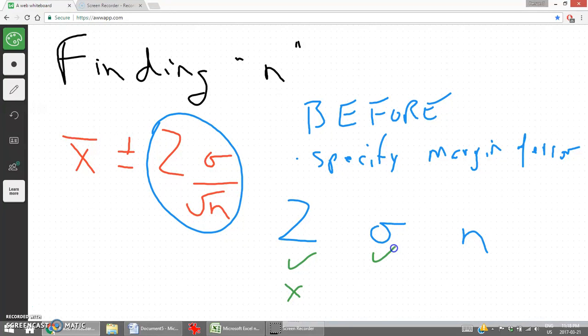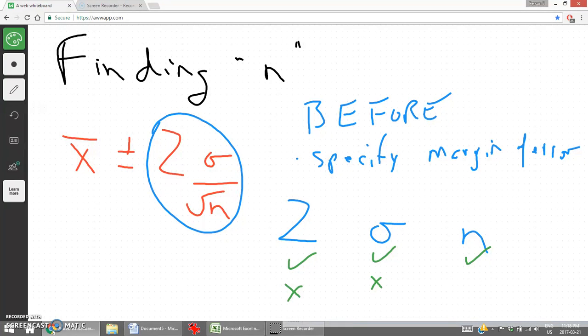We could look at the standard deviation. That is a value given to us that's being calculated before. This is a calculation type value, so we really can't change the population standard deviation. It only leaves us with our sample size. Who controls our sample size? Well, the researcher does.